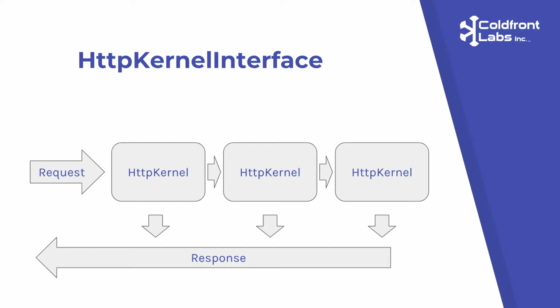Really, you don't. It just gets popped off the stack. So the next HTTP kernel that might run only knows about the next one. And it will call the handle method on the next one if it wants to. And then that one still has a list, and will call the handle method on the next one when it's done its processing. And then it also has the option of running as the response comes back.